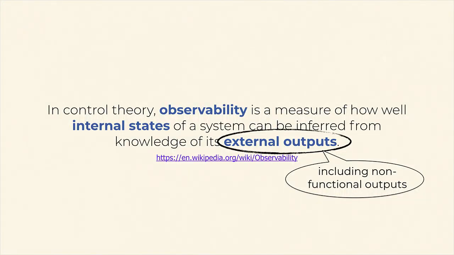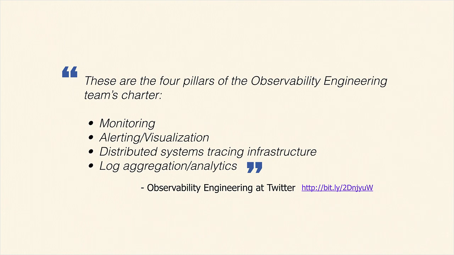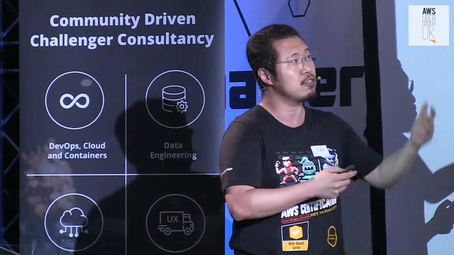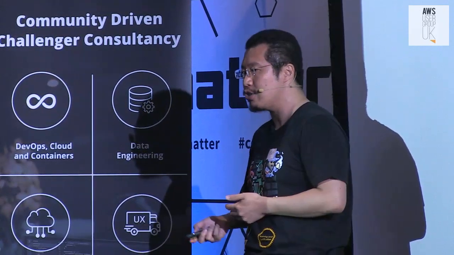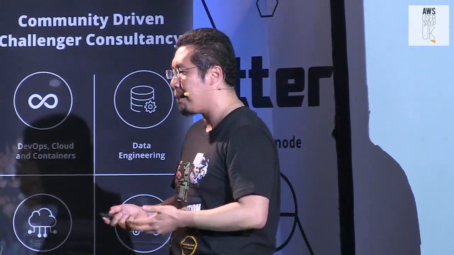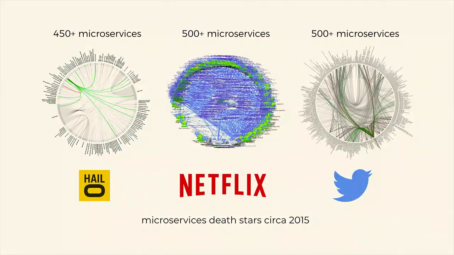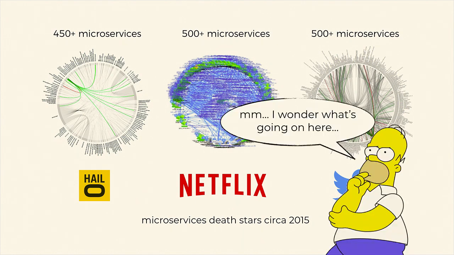In terms of external output, we are talking about things like logs, metrics, traces. If you go back to probably one of the first posts that started to talk about observability, it talks about the four pillars of observability in terms of monitoring, alerting, distributed tracing, and log aggregation. As we build more and more complex systems, we are also going to need more help in understanding what the hell is going on in all these very complex and very large distributed systems.